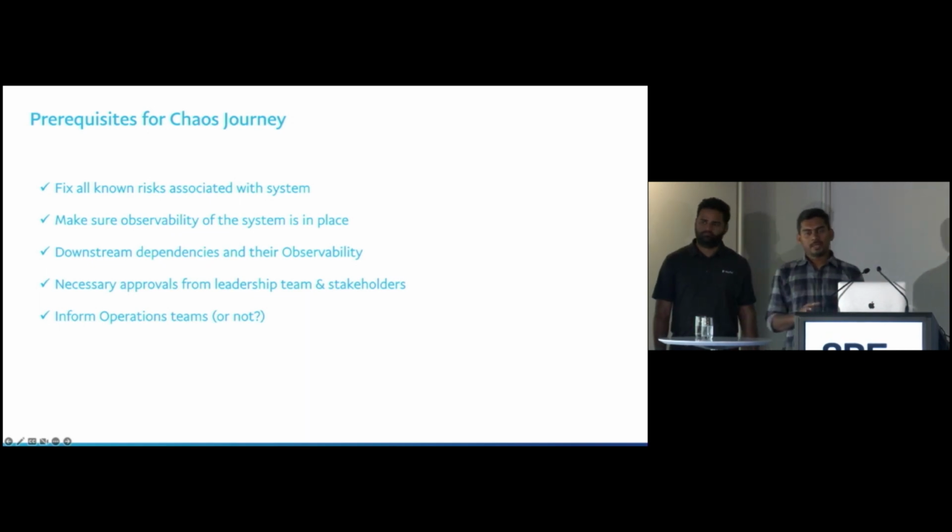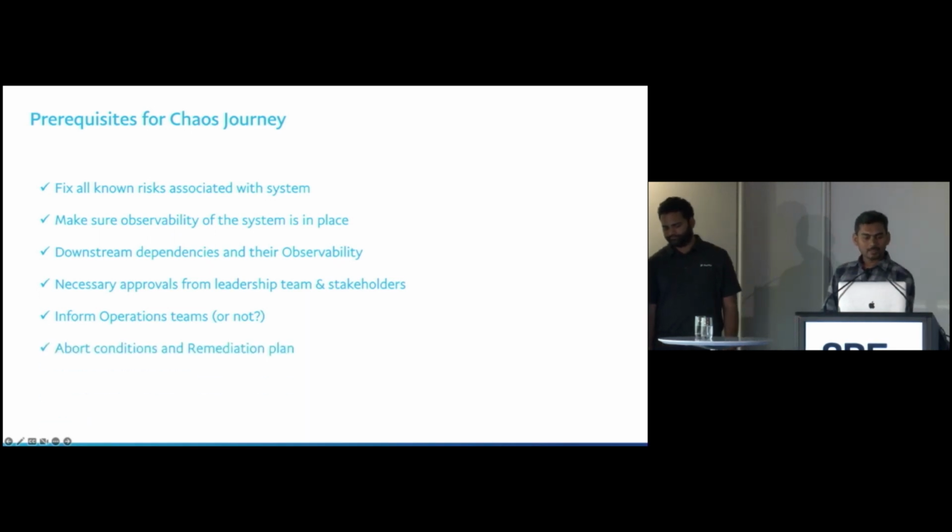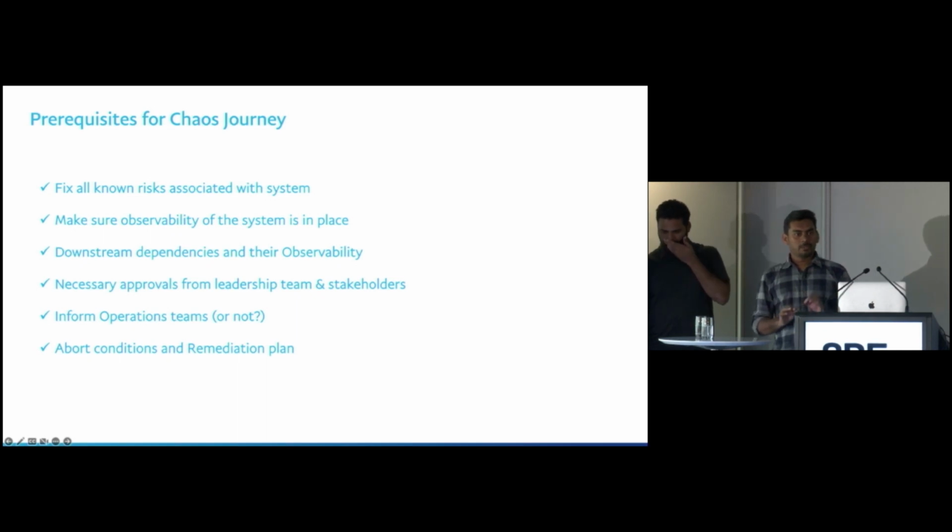But on the other hand, if you want to look at the other aspects of your hypothesis, then inform them. And last but not the least, kill switch. So make sure you have the right abort conditions and remediation plan before you start your chaos journey.